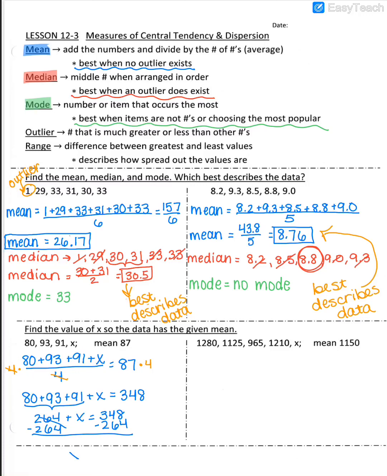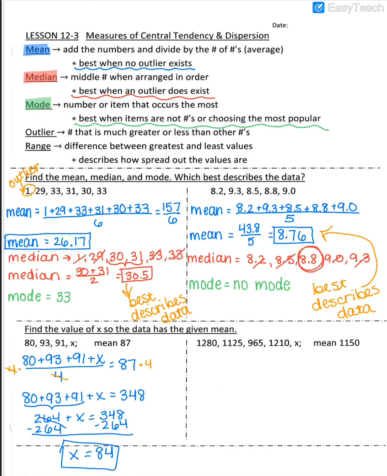And we end up with x equals 348 minus 264 gives you 84. So our other number has to be 84. And if we look back at our data, that would fit in with the numbers that we have there. So it makes sense. You always want to double check and make sure that the number that you got makes sense.